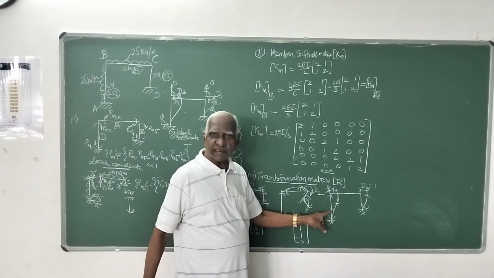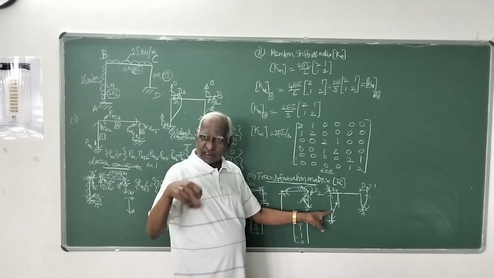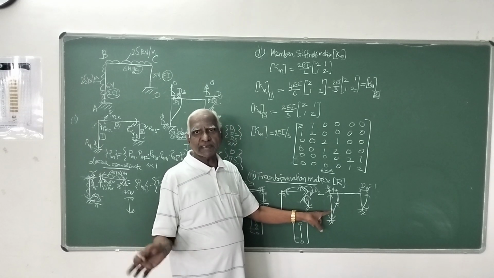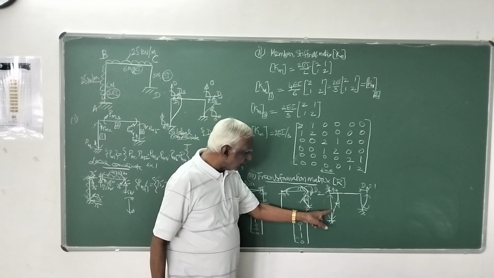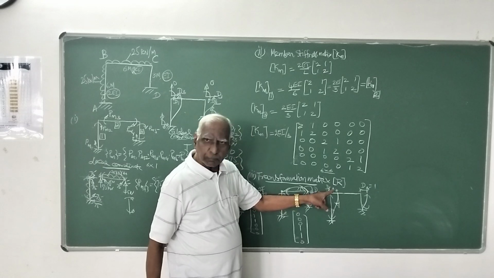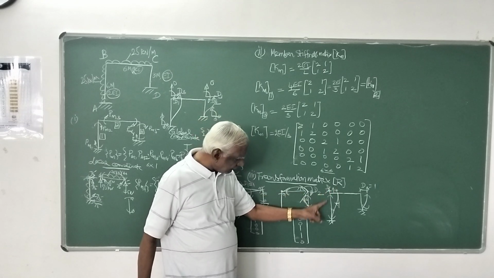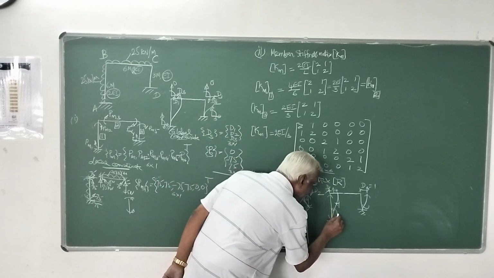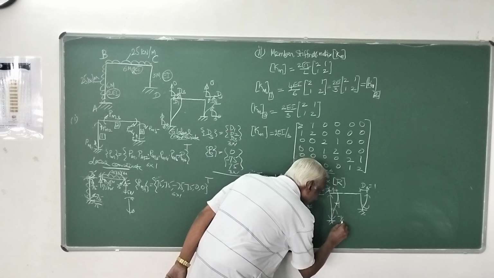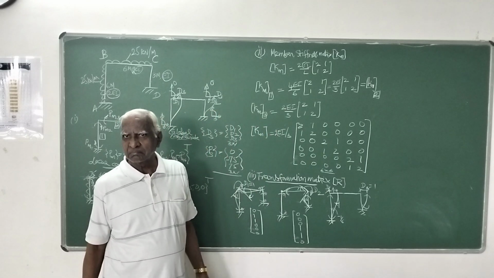So it is tan theta, approximately. Theta is very, very small, so tan theta you can take as theta itself, that is rotation itself. So here tan theta is opposite side, 1, divided by adjacent side, 6. So this rotation is minus 1 by 6.